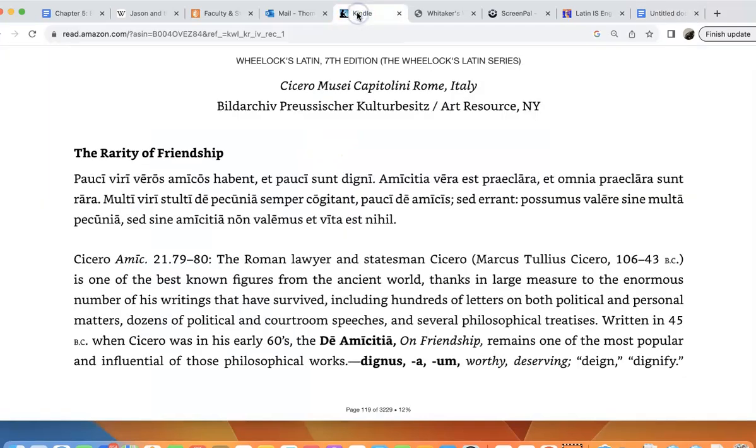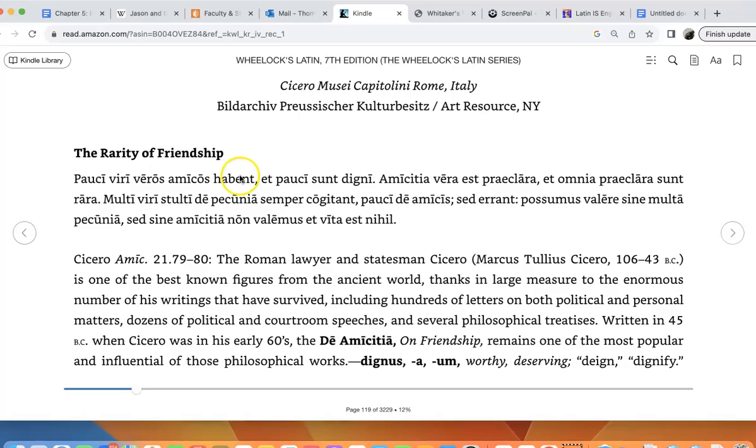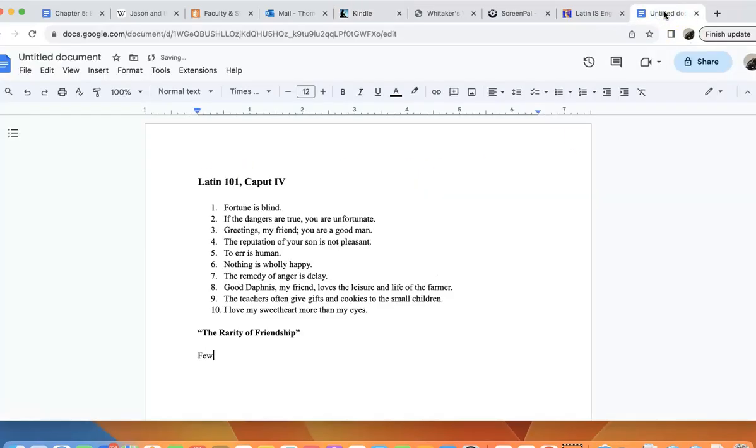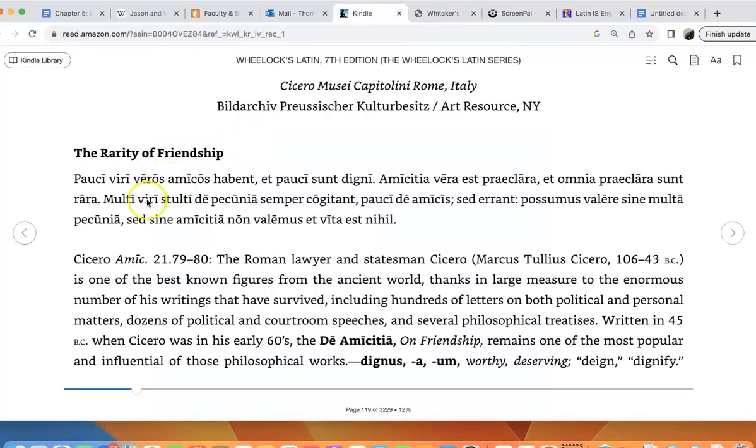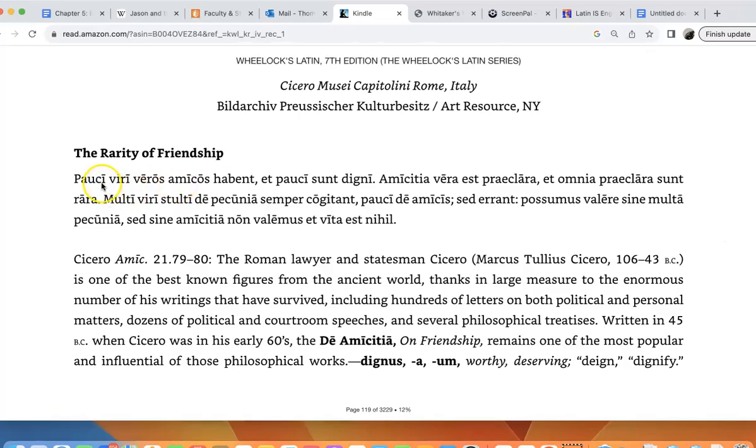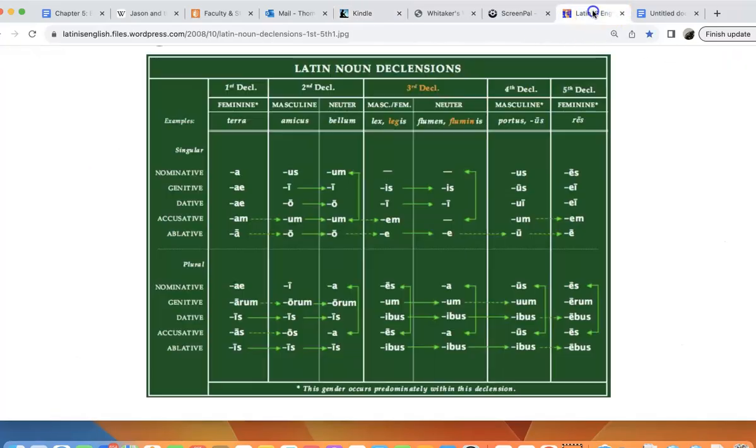Let's go back and take a look here. So few men have true friends. So few human beings. So few men have true friends. So notice this uses some of the vocab that we had earlier. And again, if you do the self-tutorial exercises, you'll have even more of this vocab. So pauci viri, that is our subject in the plural.